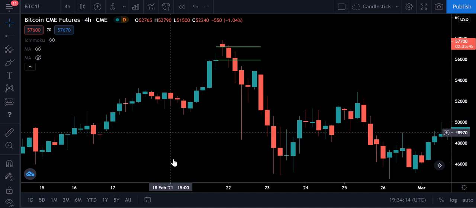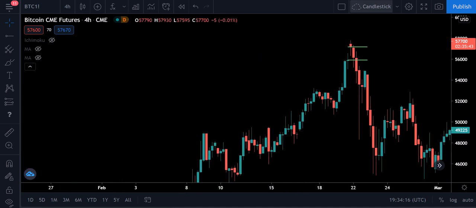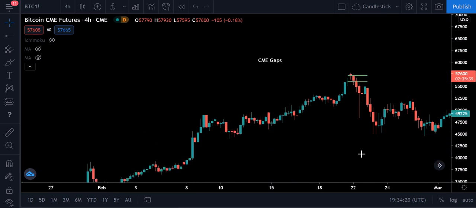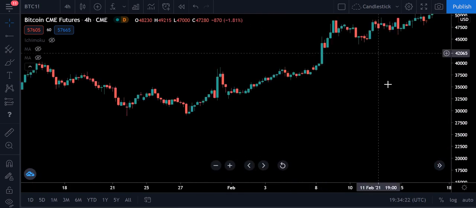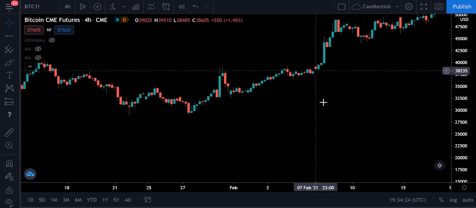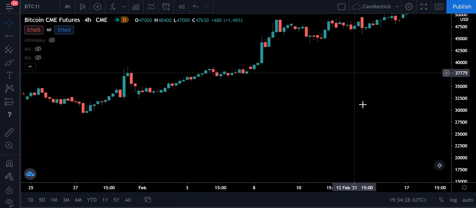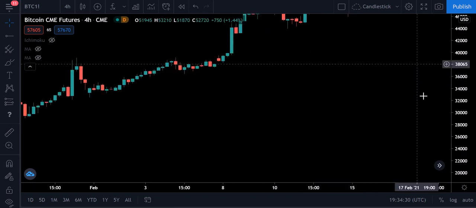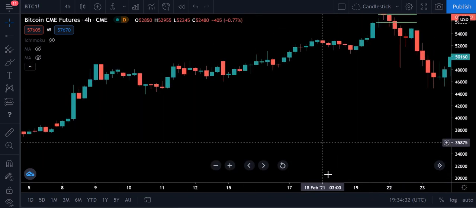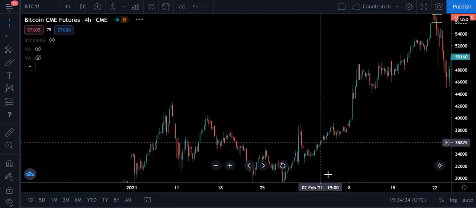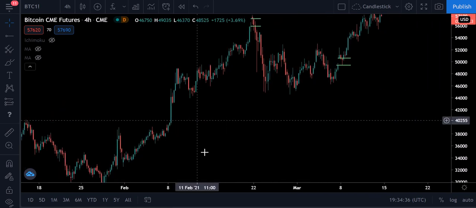But there are gaps on the chart that haven't been filled yet, guys, and I want to show you a couple of them before I bail out of here. Alright, we have a gap here that still hasn't been filled, at least not to my knowledge. Let me see. Yeah, it hasn't been filled.